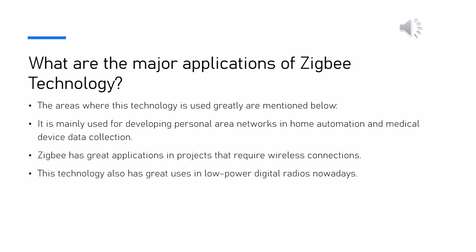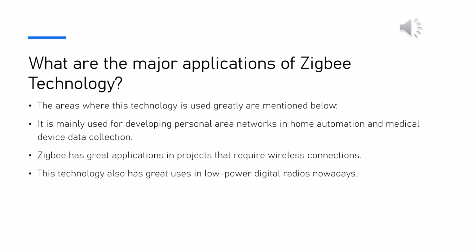Here are the major applications of ZB technologies, which enable the broad-based deployment of wireless networks with low-cost, low-power solutions. It provides the ability to run for years on inexpensive batteries for a host of monitoring and controlling applications, and it is mainly used for developing personal area networks in home automation and medical device data collection.